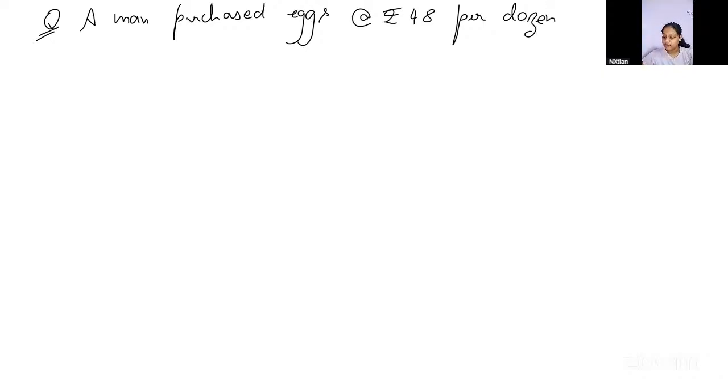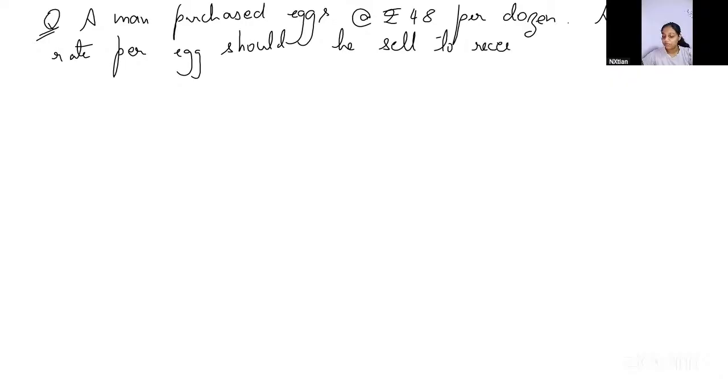At what price, or at what rate per egg, should he sell to receive a profit of 15%? Okay, means that one dozen has 12 eggs.